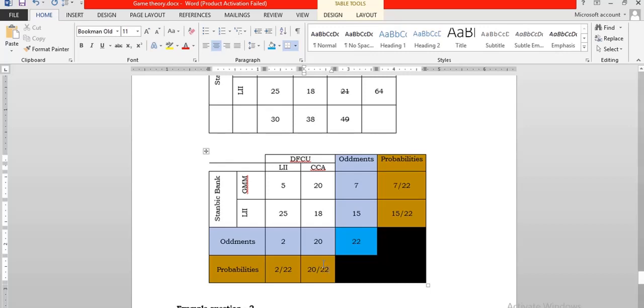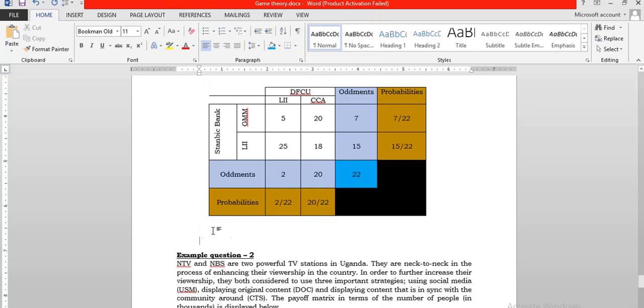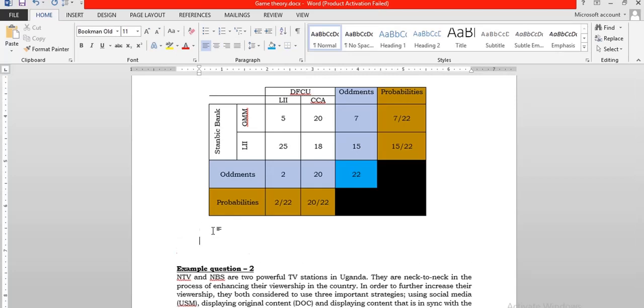And that gives us the probabilities for each of the strategies that these two banks may take. Now we shall conclude, based on the computation written above.